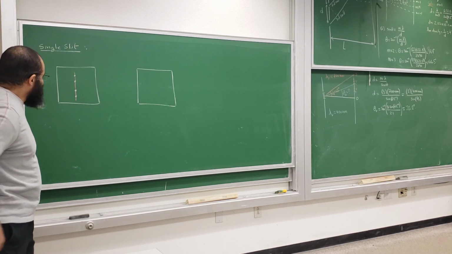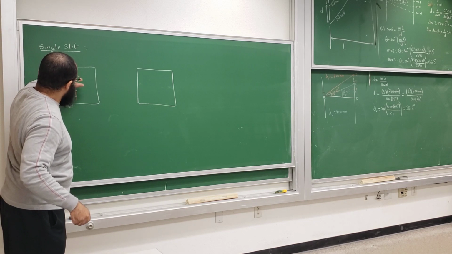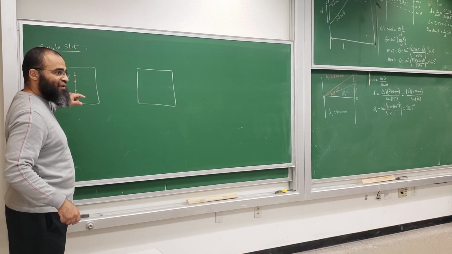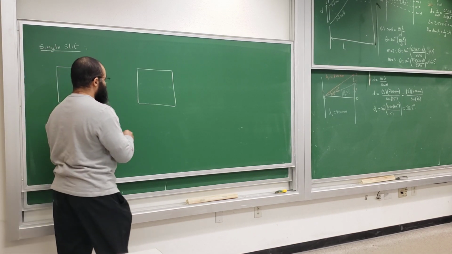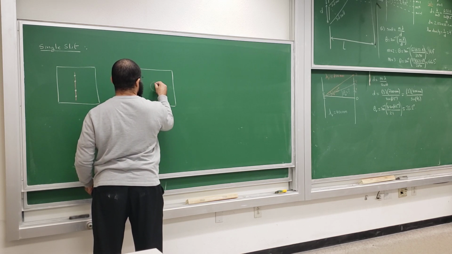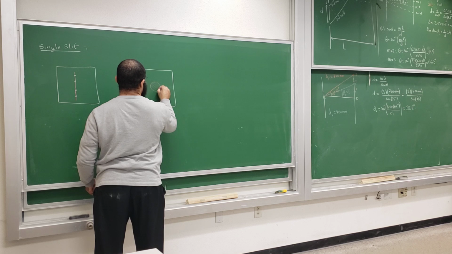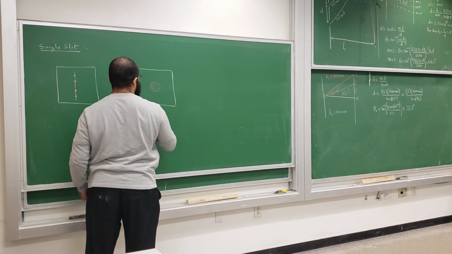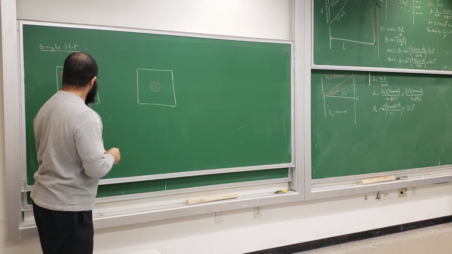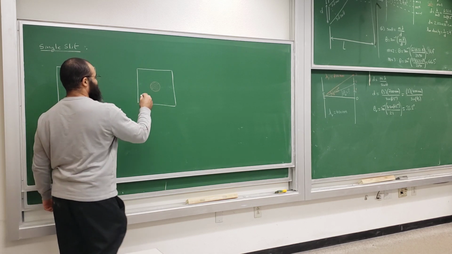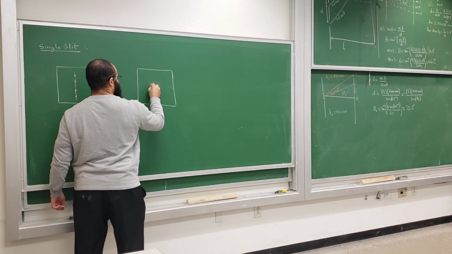It's like you take a slit and rotate it by 180. What you would see is in the middle a bright disc, a big bright spot. Around it, what used to be a dot becomes a dark circle.